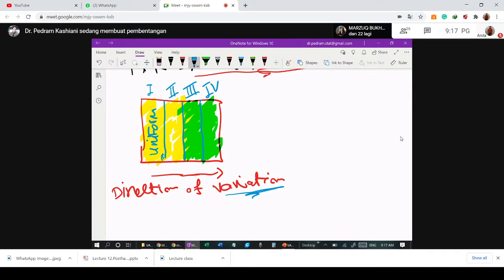So if the block is significant, you gain precision. But if the block is not significant, there are two situations that can happen. Surely you didn't gain anything, but you didn't lose anything also. So if the block is effective, I gain precision. If the block is not effective, maybe I didn't gain anything, but also I didn't lose anything.